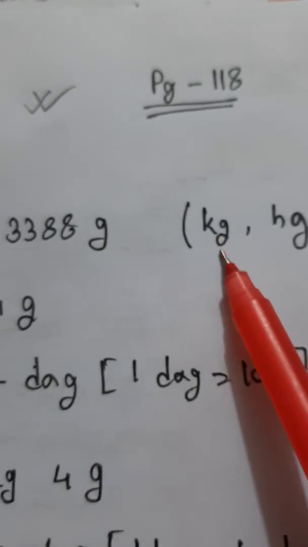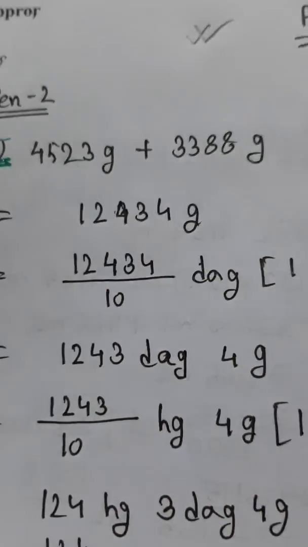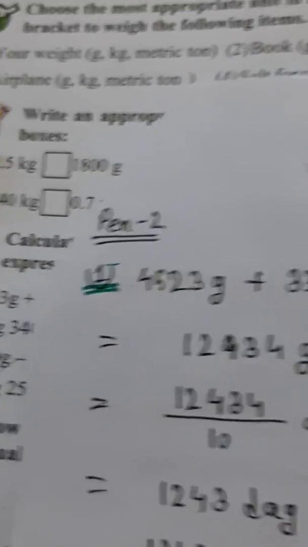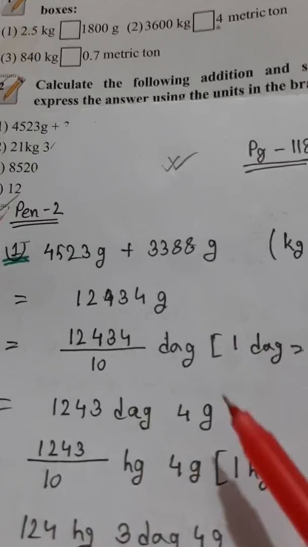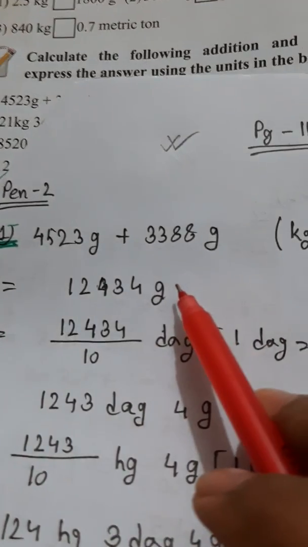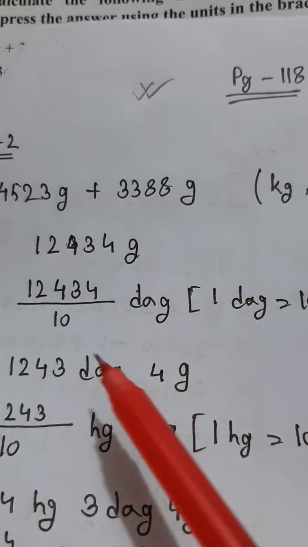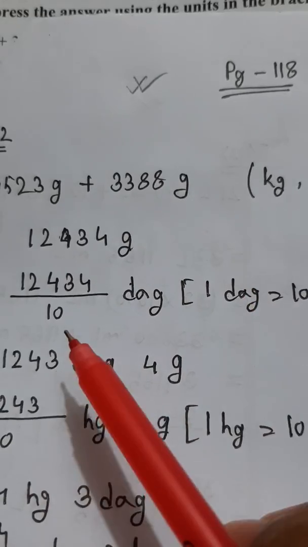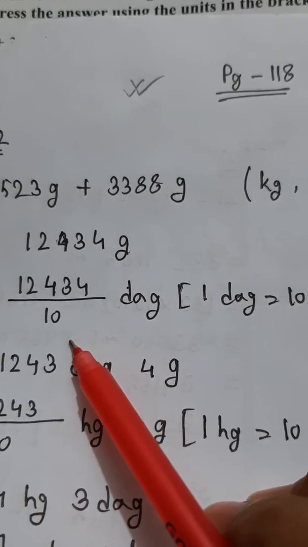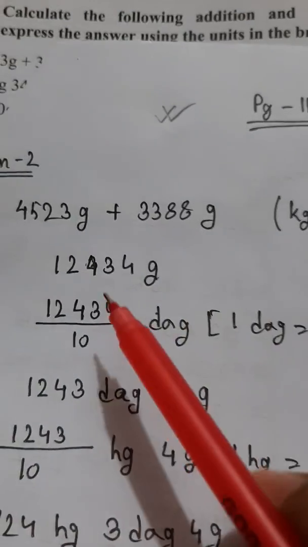Express the answer at first in kg. We know gram. At first we express in decagram. So we get decagram by dividing by 10 because 1 decagram equals 10 grams.